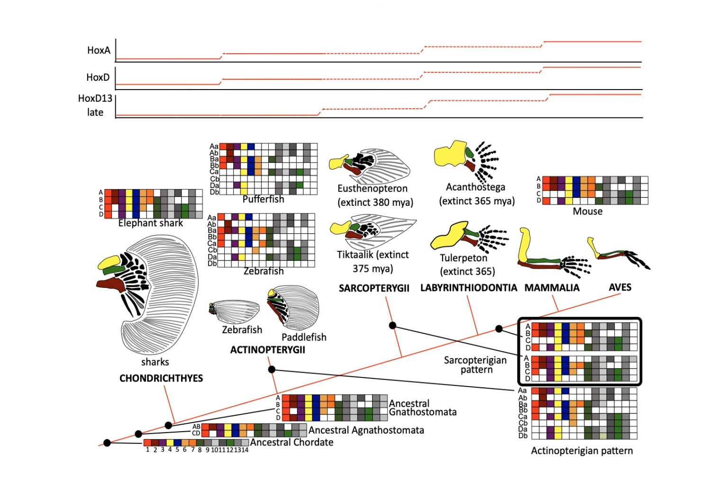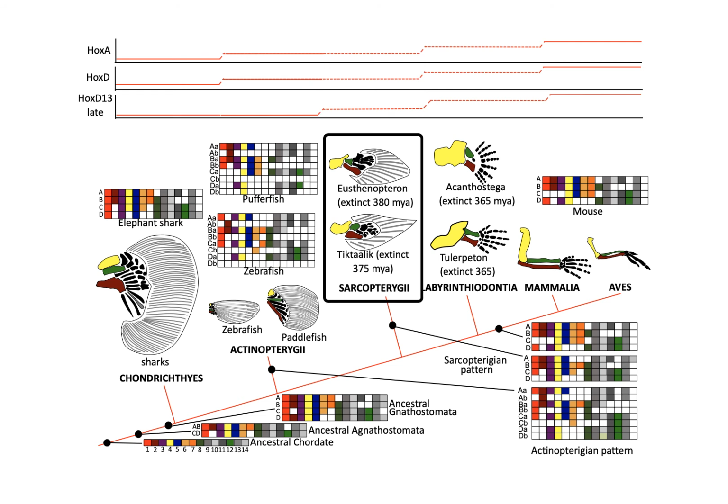Then you go further up on this, and there's only been those 2 duplications, not the third one that you see in the bony fish. And now you're getting higher levels also of D13 expressed. So you're getting fewer bones, and these are the lobe-finned fish then that have fewer bones.